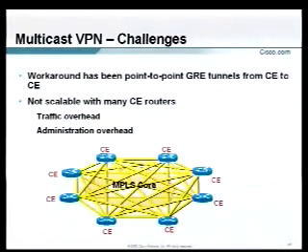Well, the workaround up until recently has been just to create a bunch of point-to-point GRE tunnels between all the CEs, which, if you have a lot of CEs, can be an administrative nightmare. It's just not scalable. But that's what you would do.